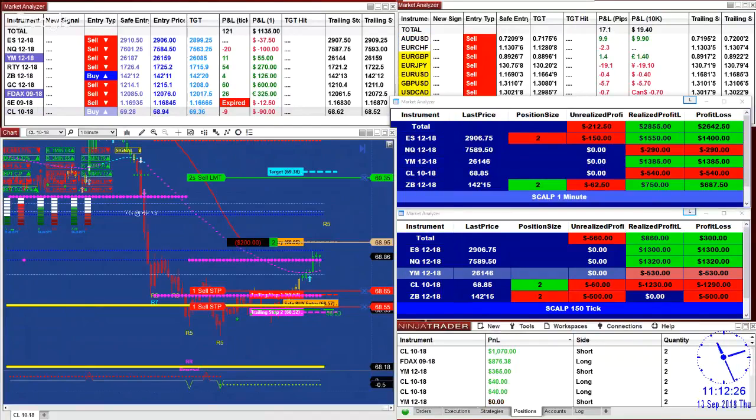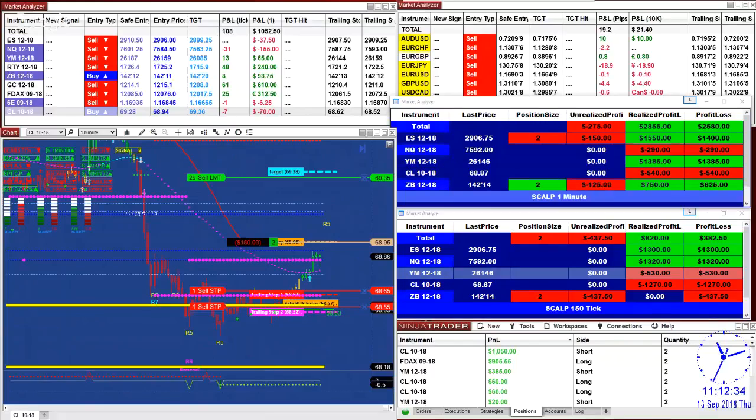We're about to have a new signal on the YM. And let me see the Nasdaq. We're about to have a new signal on the Nasdaq and YM, so keep your eye on the first column, please. You're going to have the new signal very soon on those two.